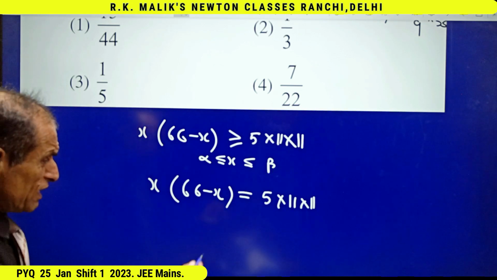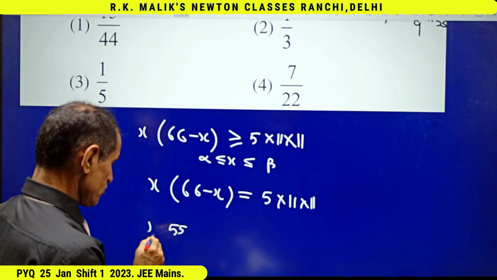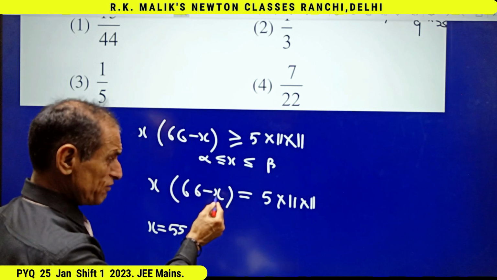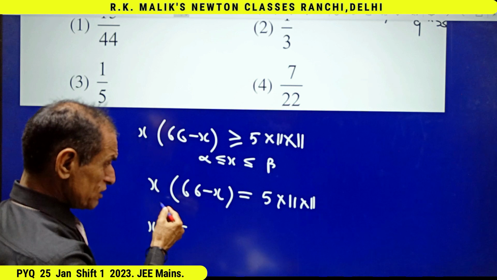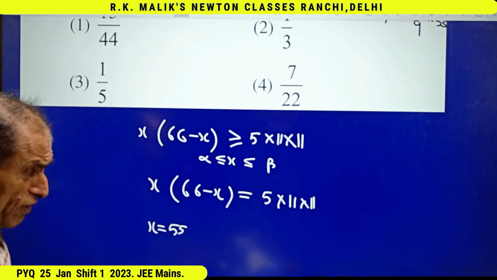Obviously, if I take the value of x as 55, then the value of 66 − x will become 11. Hence, you can say one of the roots of this equation is 55.